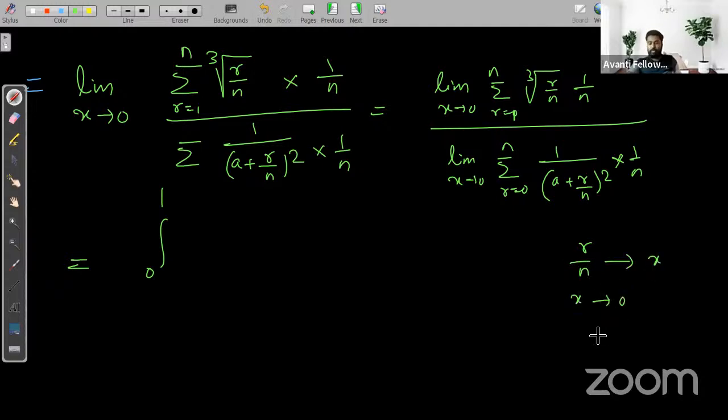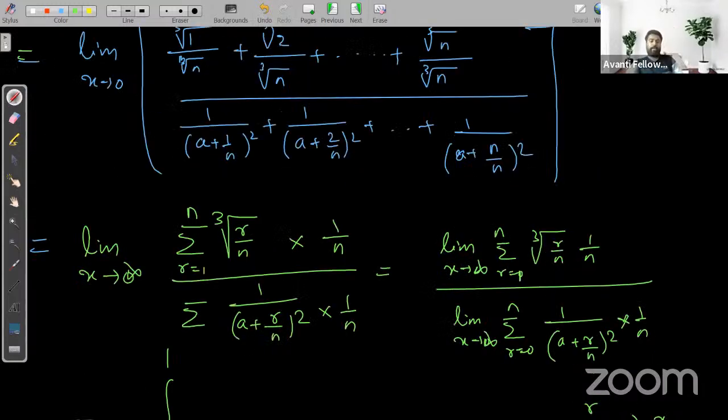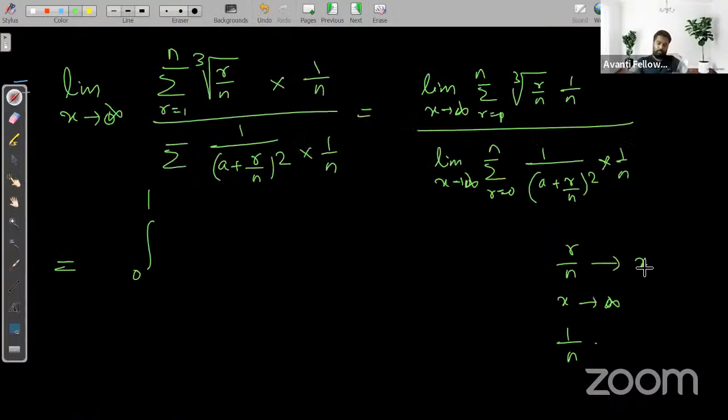When n is extending to infinity, r by n is also tending to 0.